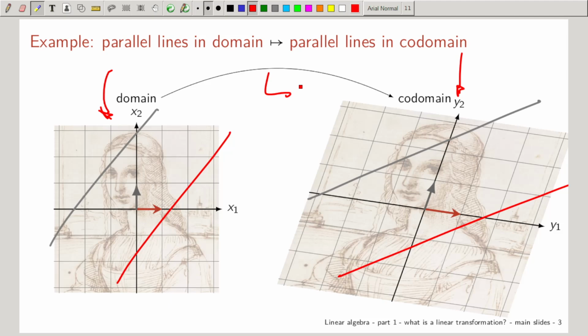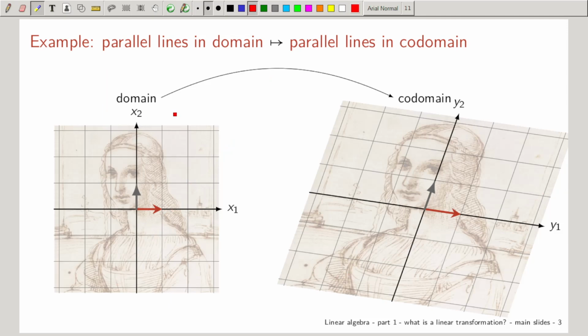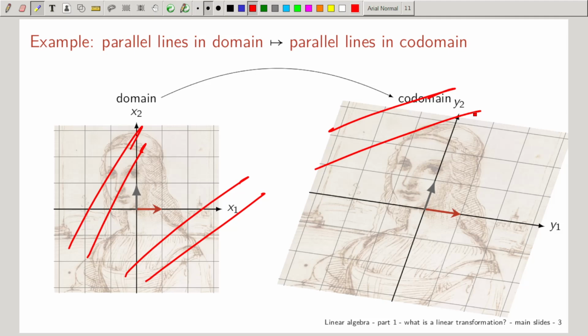How do you call it? Parallelism, sorry. Together? Do you see it? Do you see that this is a stretching that preserves parallelism? It has to be for any parallel lines. Okay?